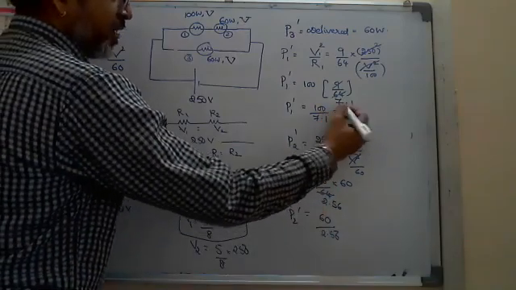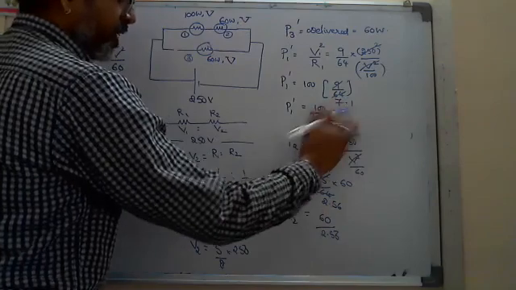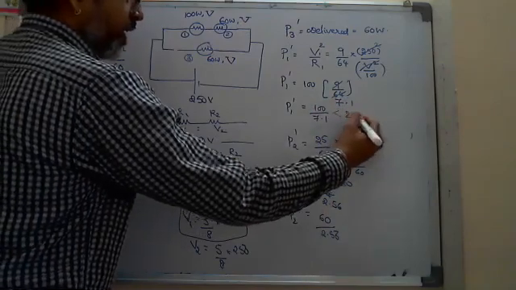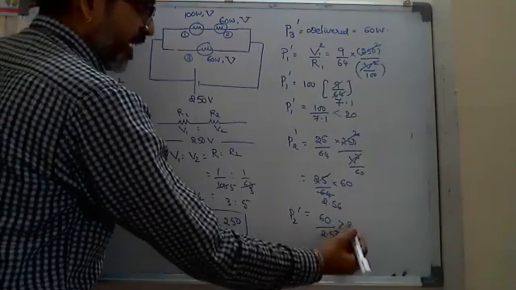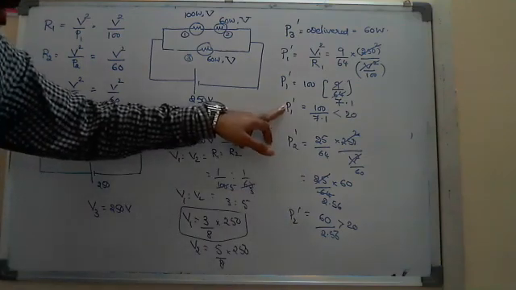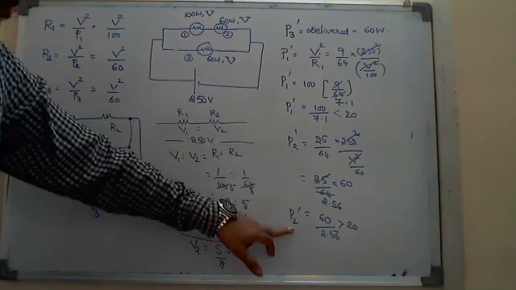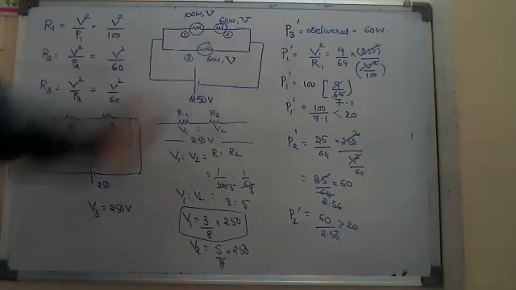Whereas this is 7, so you are not even getting 20 here. This is, I think, less than 20, whereas this one is greater than 20. So surely this is the weakest, this is occupying the second place, and this is delivering the highest power.